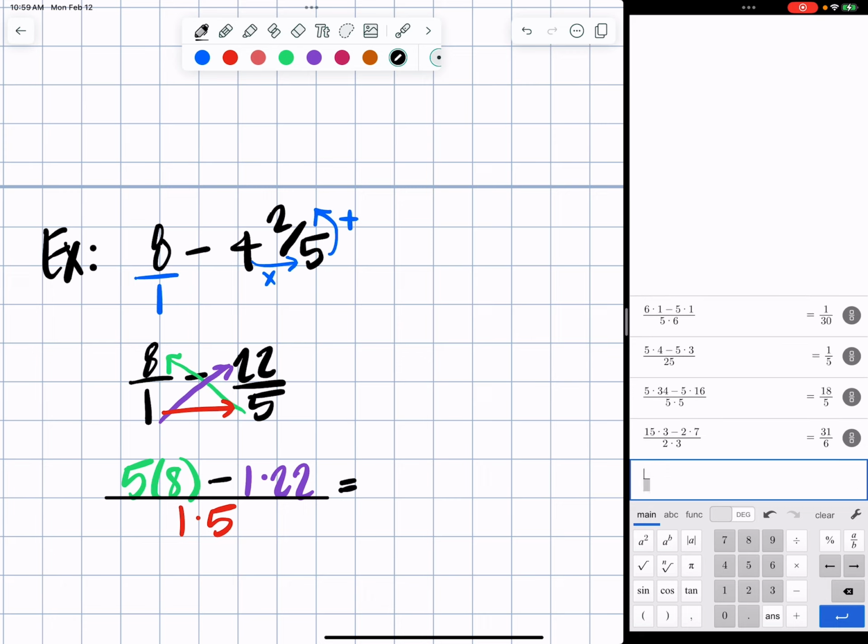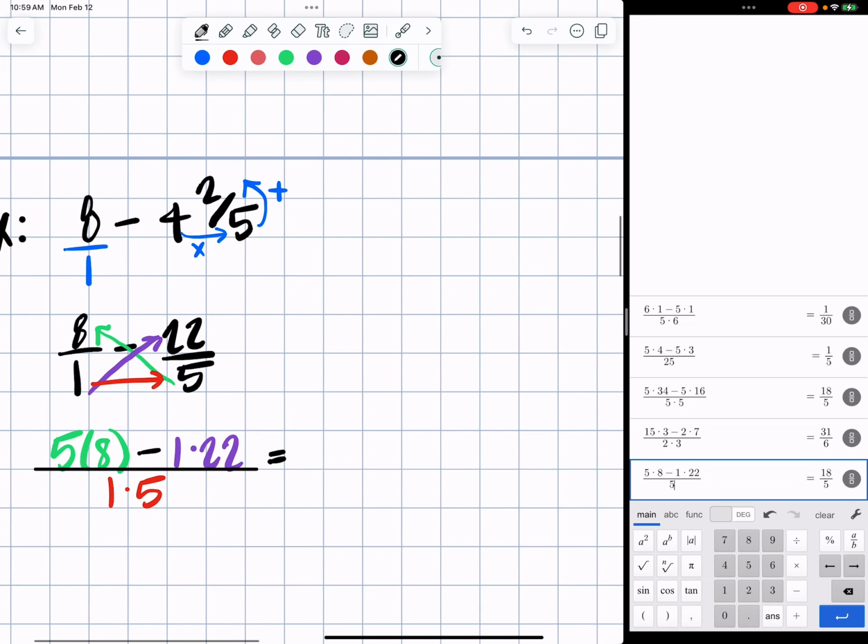So fraction button, and then 5 times 8 minus 1 times 22 divided by 1 times 5, which is just 5, so I'm going to put that in there. I get 3.6. That's 18 over 5.